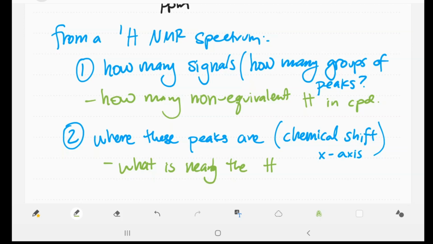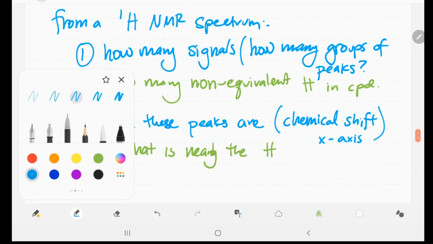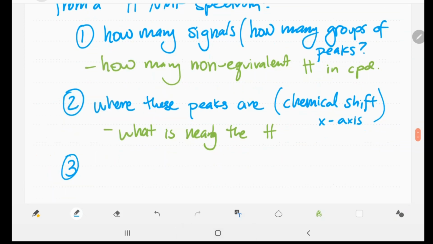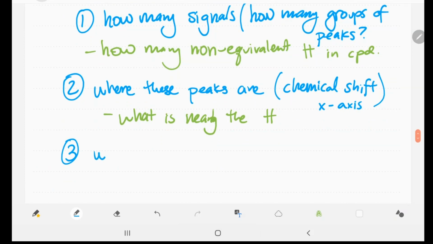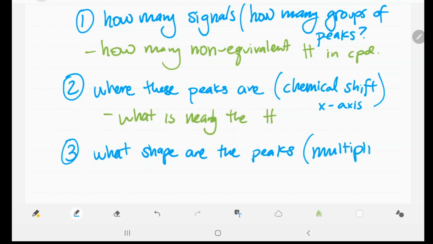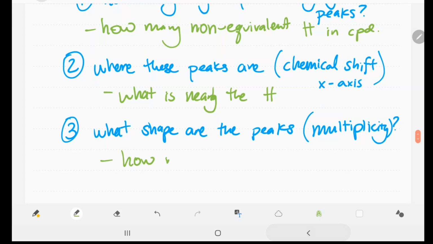What sort of electronic influences is it experiencing? What do I want to say next? How about what shape are the peaks? This is called multiplicity. And this information also tells us how many nearby H's we have.